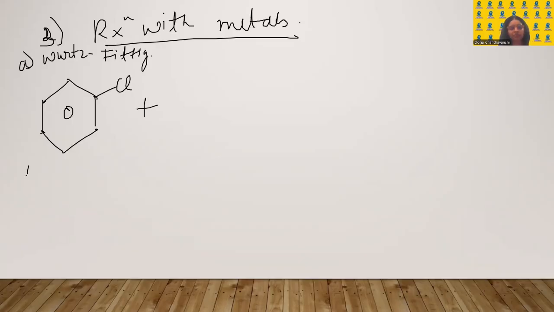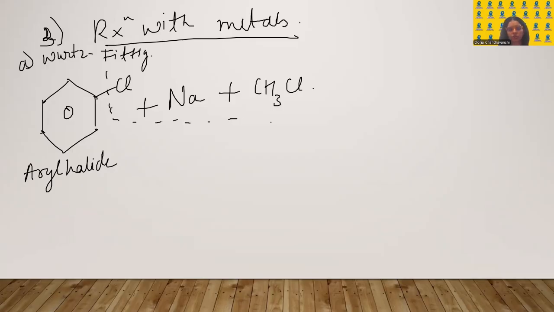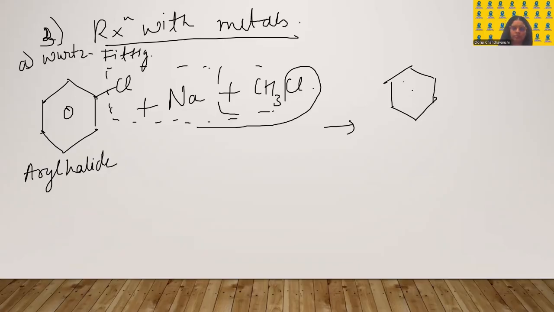So one of these will be an aryl halide along with Na, and one will be CH3X. So there will be elimination of this. I'll just remove this, and what I get is a toluene, CH3 along with, of course, dry ether in presence of sodium. This was Wurtz-Fittig. Wurtz because we have taken alkyl halide, and Fittig because we take aryl halide.